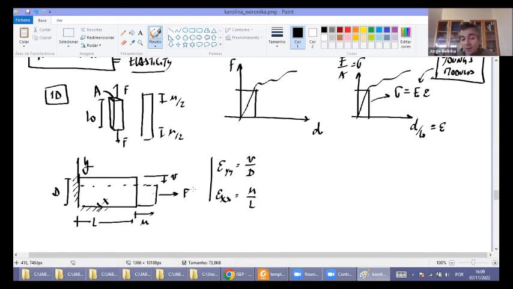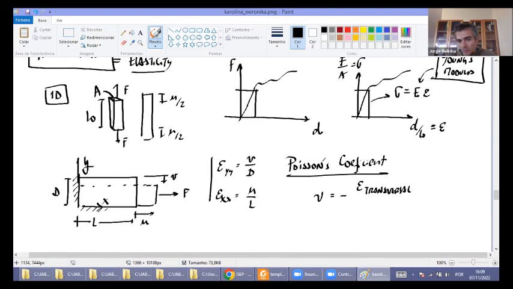So I know there is another entity, which is the Poisson coefficient. This is a letter similar to a V, but it's a Greek one, which is equal to minus the transversal strain over the longitudinal strain.